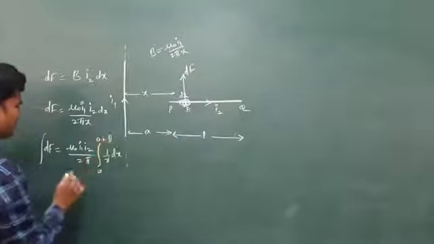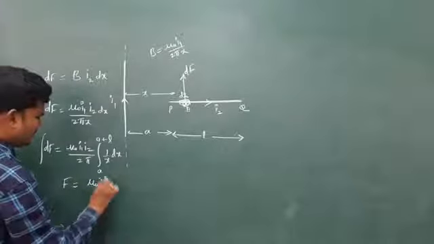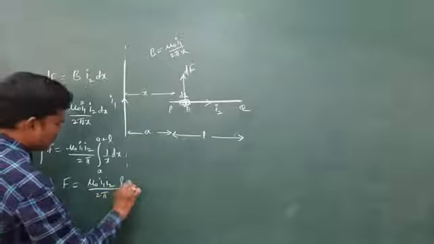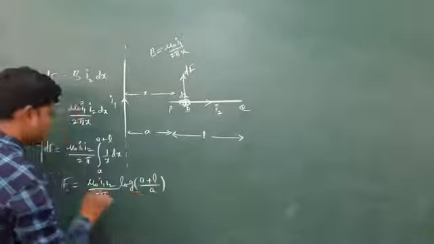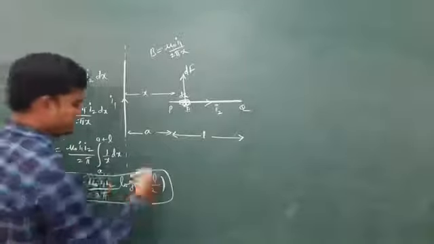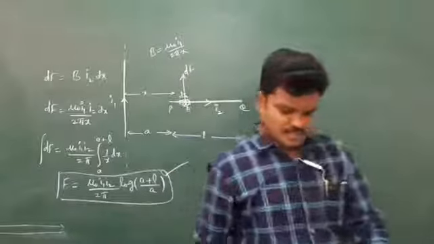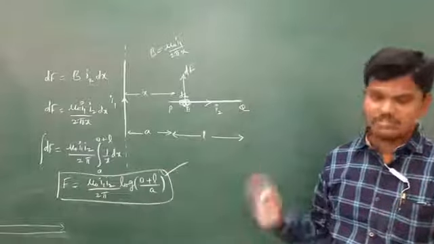So F is equal to mu naught I1 I2 by 2 pi times log of a plus l by a. Just I am missing one step, so you extend that step: log a minus log b is log a by b. So I got the force: mu naught I1 I2 by 2 pi log of (a plus l) by a.